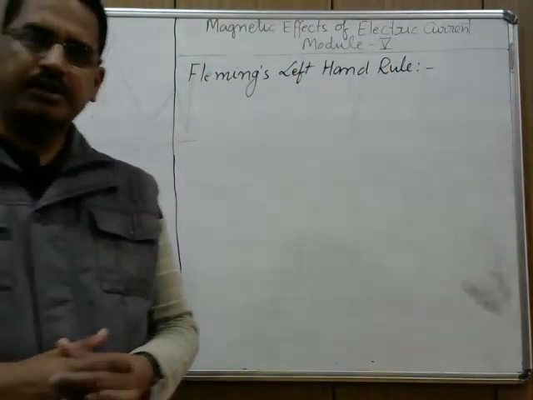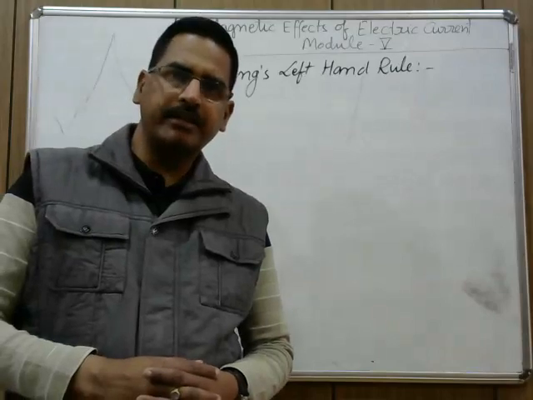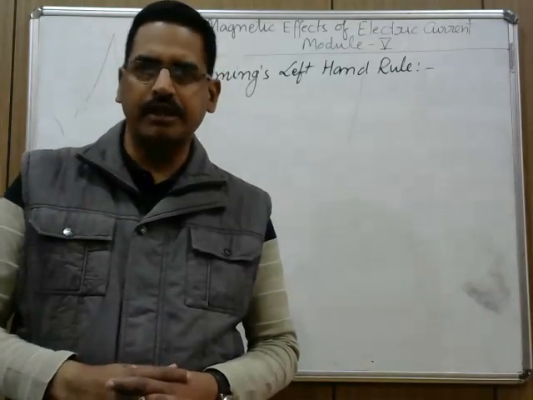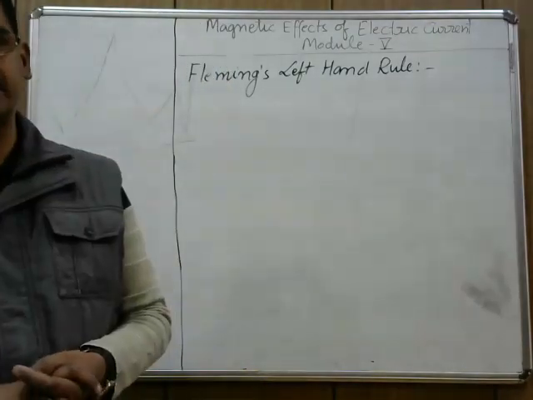Fleming's left hand rule is used to determine the direction of force on a current carrying conductor placed in a magnetic field.